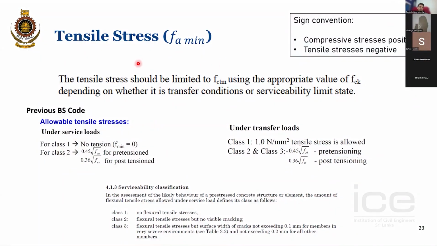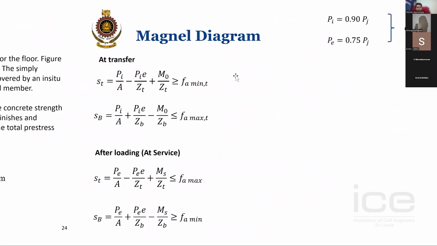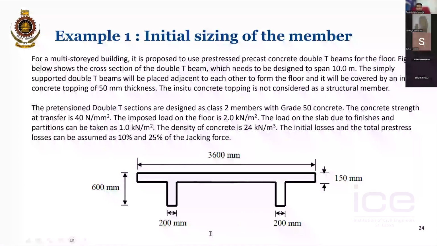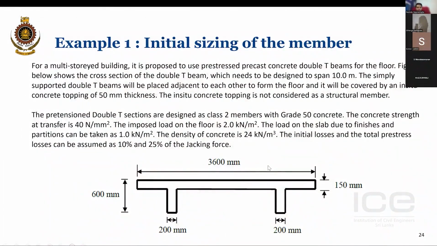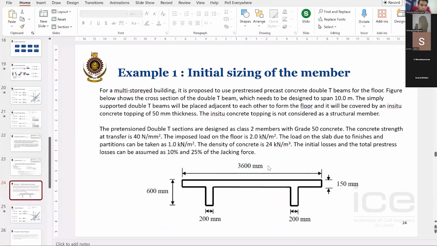Simply, the tensile stress that you should apply is the mean tensile strength, fctm, using the appropriate fck value. If it is at transfer, use fck at transfer and the corresponding fctm. And you can find these fctm values in the Eurocode.